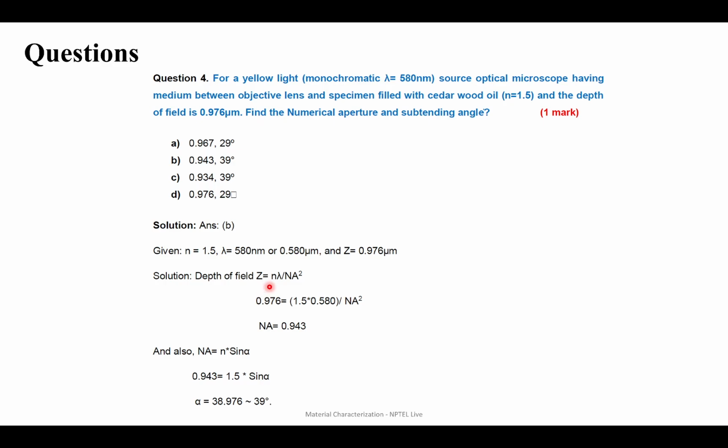So we know the formula: depth of field Z equals n lambda by NA squared. So you put all the values, you calculate NA, it comes out to 0.943, and then we know NA equals n into sine alpha. So we know NA and n now, so we can calculate sine alpha and then alpha, which comes out to be around 39 degrees.